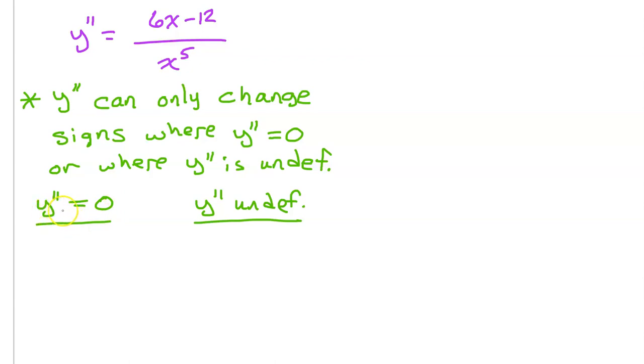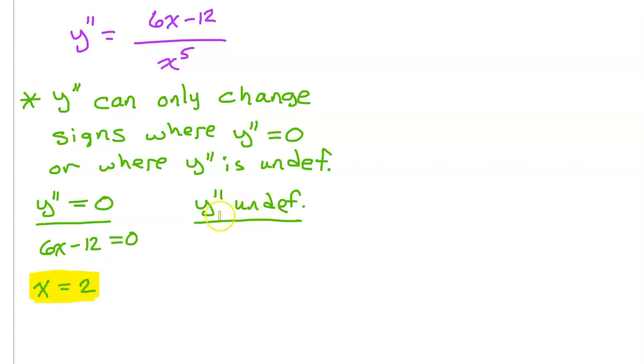So the second derivative will equal 0 when 6x minus 12 is equal to 0. Adding 12 to both sides and dividing by 6 gives me x is equal to 2. So this is one possible location of a sign change.